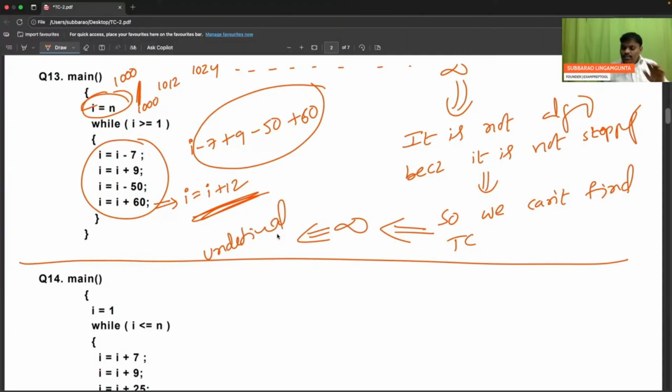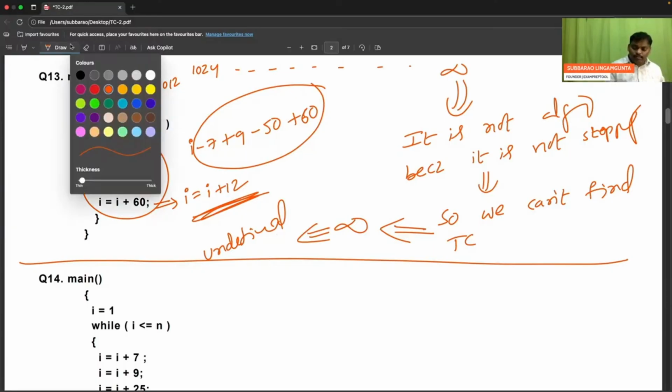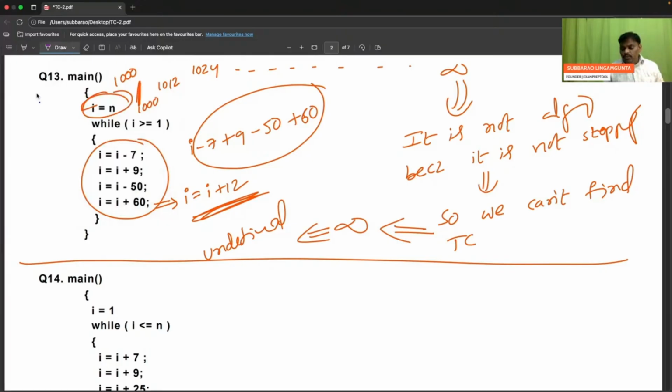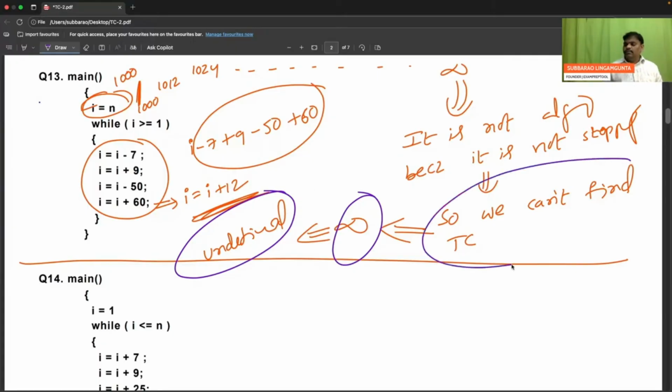Understand, all these lines are the same. Time complexity of this program is undefined, infinite, or we cannot find time complexity because it is not stopping. All these meanings are the same.